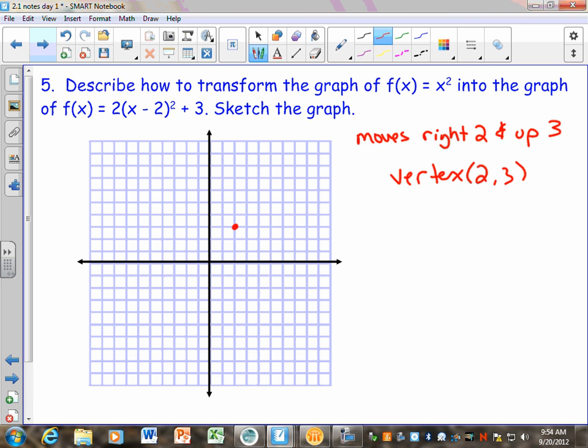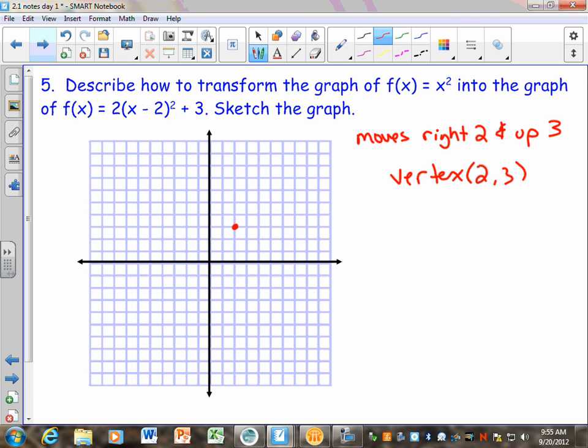Is this one going to open up or down? Right here tells you, because this is positive, it's going to open up. But also, think about a number multiplied in front. It's going to actually change that graph a little bit. It's going to be stretched by a factor of 2. And so again, if you think about how we did this before, if you don't want to make an xy chart, normally for x squared, when I go to the right or to the left 1, how many do I go up? 1.